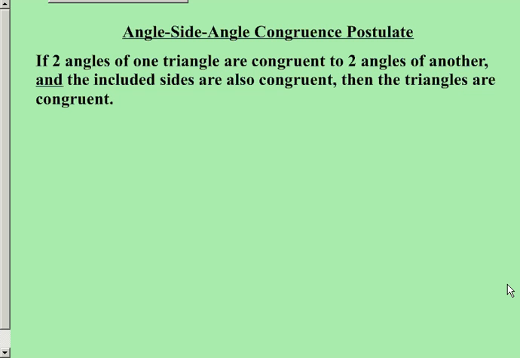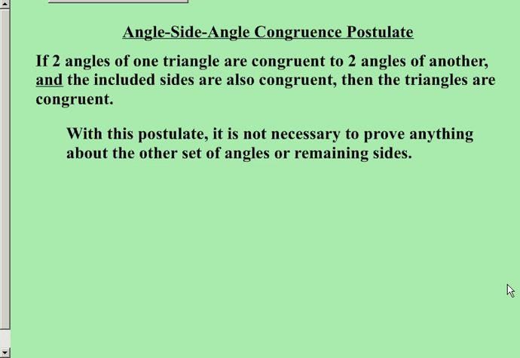If two angles of one triangle are congruent to two angles of another, and the included sides are also congruent, then the triangles are congruent.